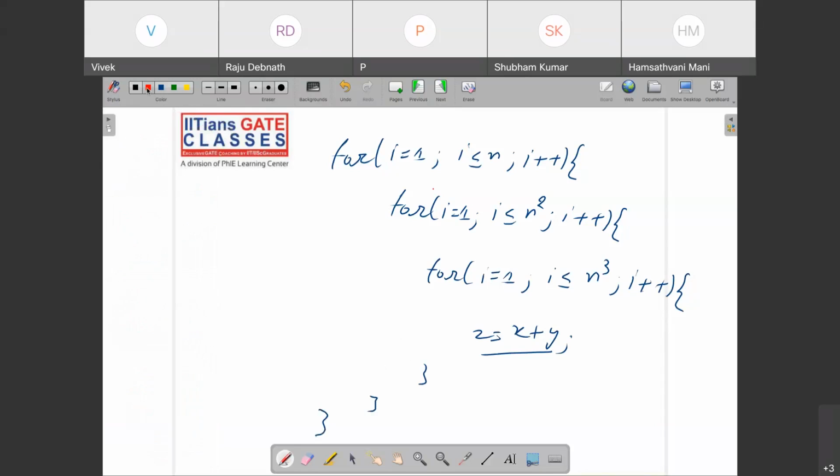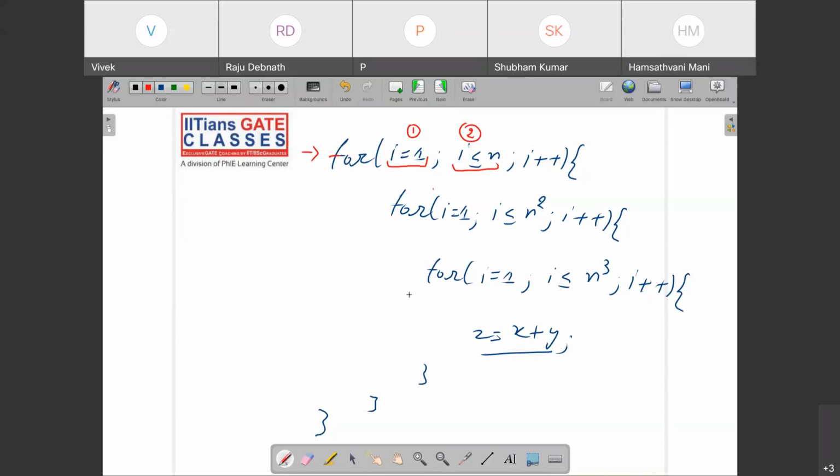I'm explaining this again. Initially, the value of I will be set to 1. This is the first step. It will execute only once for this for loop. In the next iteration of this for loop, this won't be executed. Then in the second step, it will check the condition.